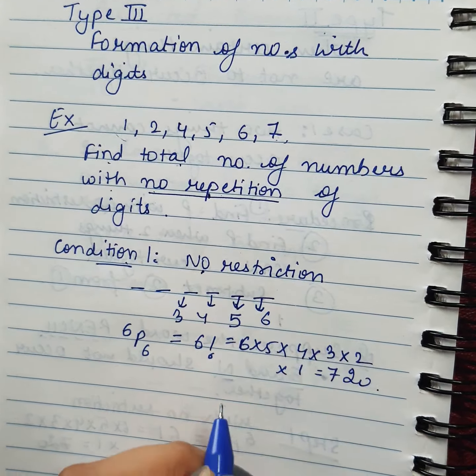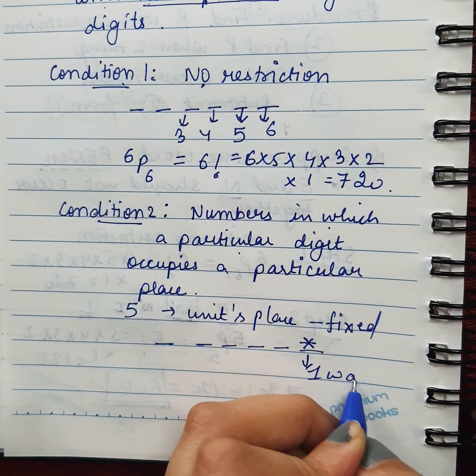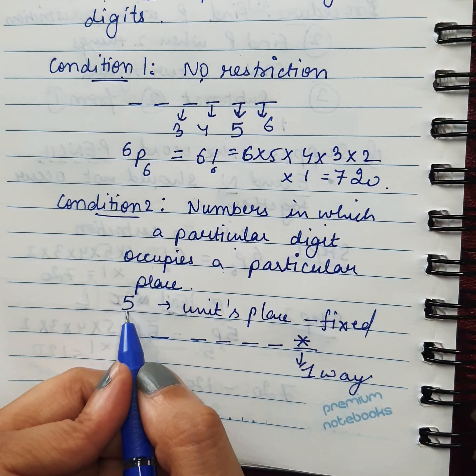Second condition, numbers in which a particular digit occupies a particular place. For example, let's say 5 should be there in the units place. I am fixing this. That means out of the 6 places, this place is fixed. So there is only one way to fill this place with the number 5.